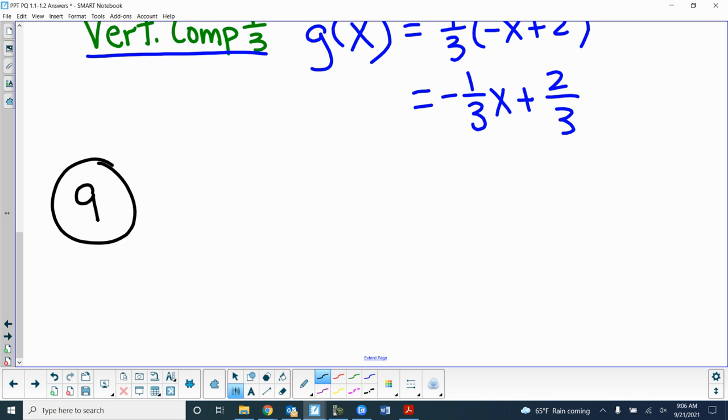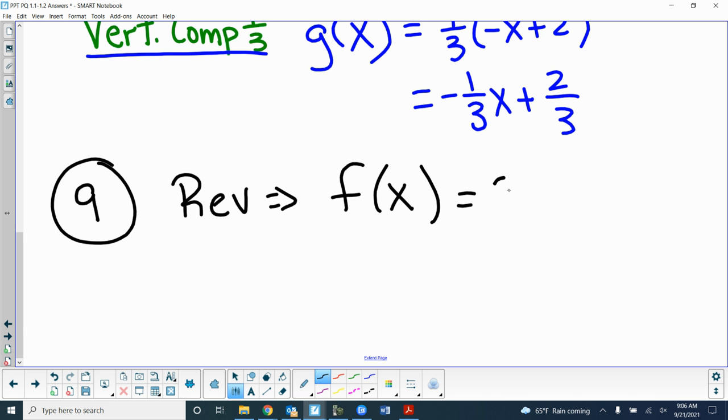All right, number 9. This is that revenue problem and profit. So your revenue in dollars for selling bumper stickers is given by this function, f of x. You should use r instead of f, right?